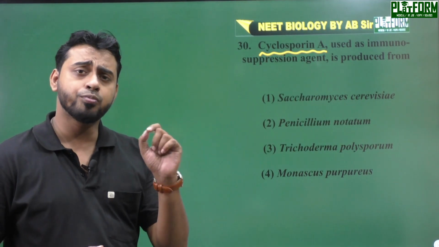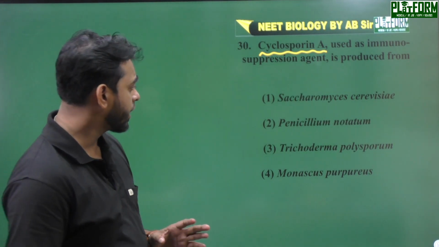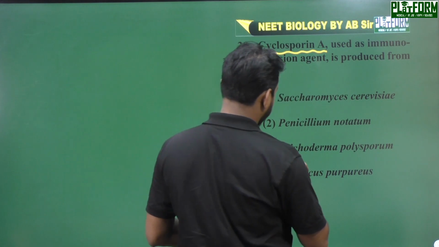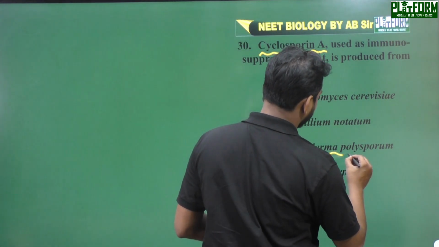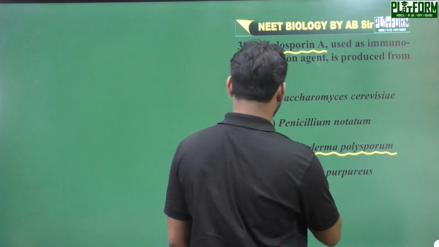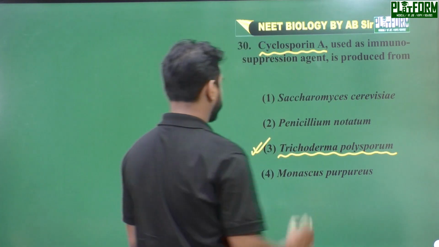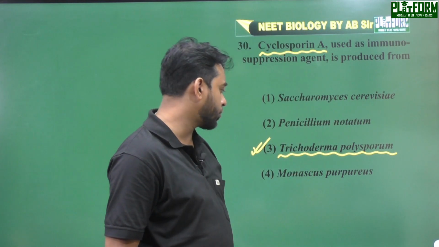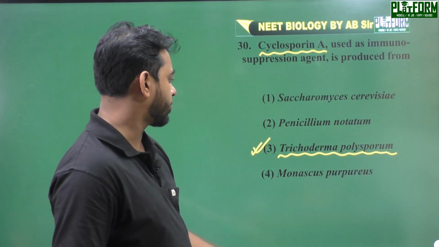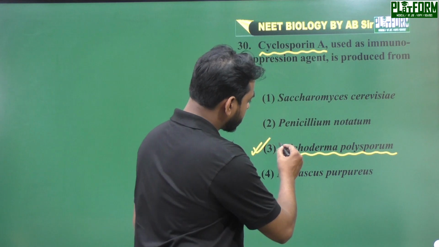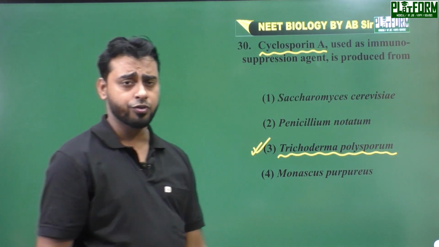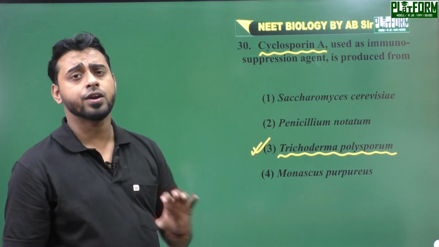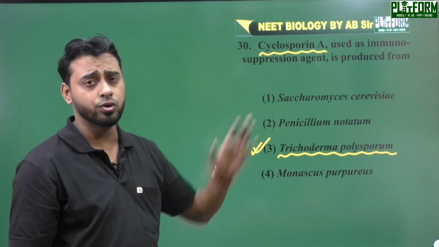It is actually produced from a fungus, and the name of that particular fungus is Trichoderma polysporum. Fine. So, it is not Saccharomyces cerevisiae, Penicillium notatum, and the last one. So, the correct answer will be Trichoderma polysporum. From this particular fungus, we can obtain the cyclosporin A.